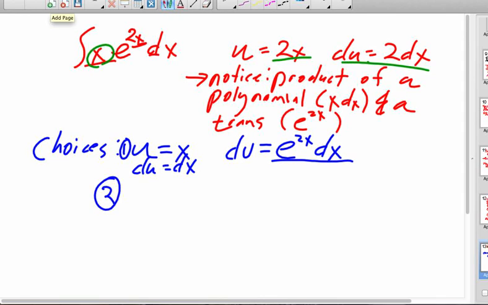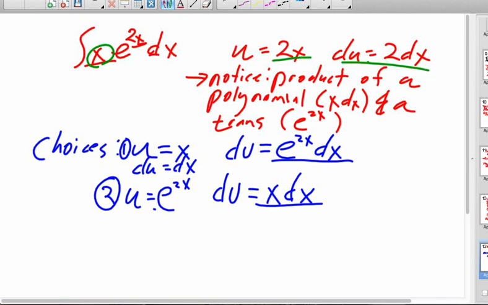So we did u equals x. Now let's let u equal e to the 2x. And then dv would equal x dx. All right. Well, this certainly fits a nice basic rule.